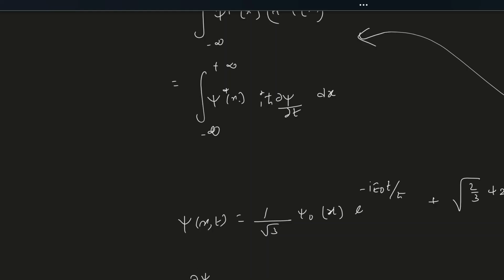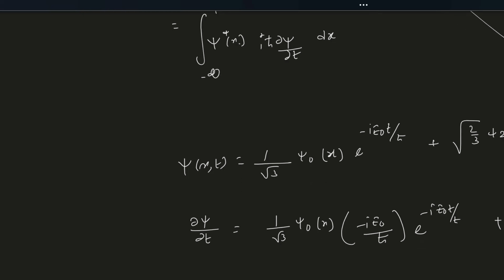So del psi del t is, you take the derivative with respect to t. 1 by root 3 psi naught of x is only x dependent, so no effect of the derivative with respect to t. Only this is minus i E naught by h cut e to the power of minus i E naught t by h cut, plus root of 2 by 3 psi 2 of x, minus i E 2 by h cut, e to the power of minus i E 2 t by h cut.